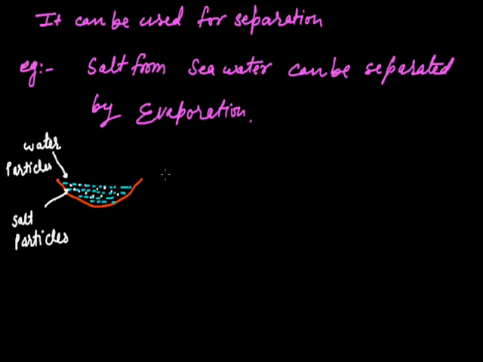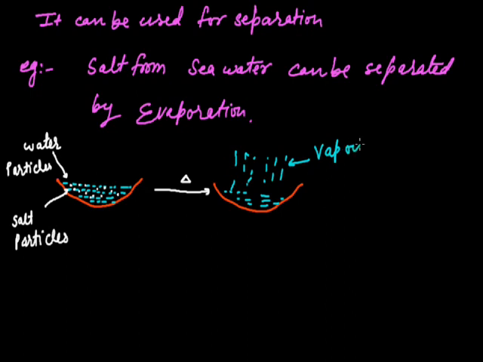Now we heat this dish, and when we heat the dish, the water from the dish will evaporate. So water begins to evaporate just like this. This is the particle of water which has evaporated, that is vapors or water vapor.